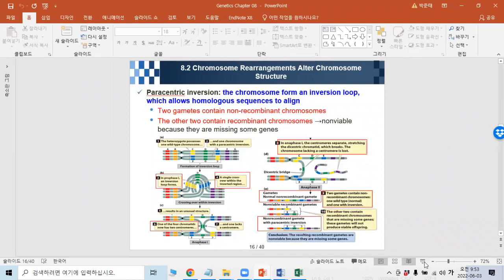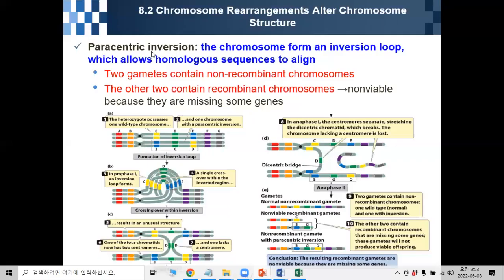So this is the paracentric inversion. When paracentric inversion happens, they do not include the centromere. They will make this kind of structure. After that, breaks happen, so they will make this one.